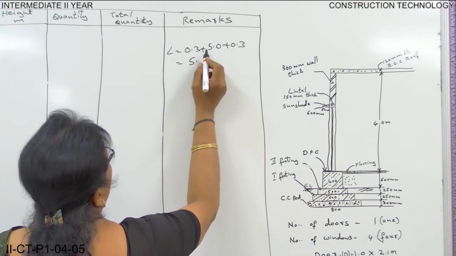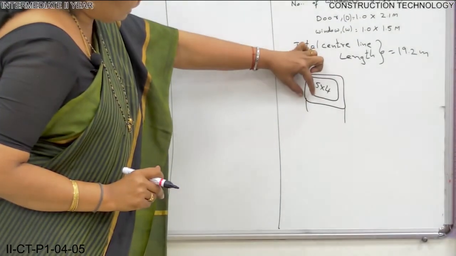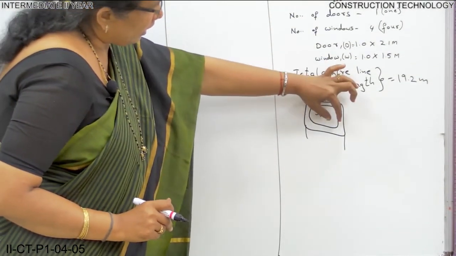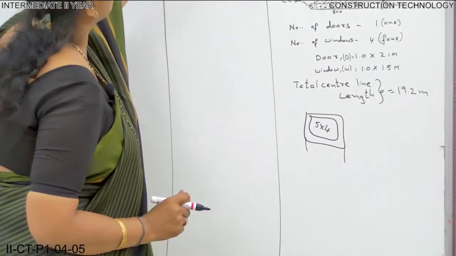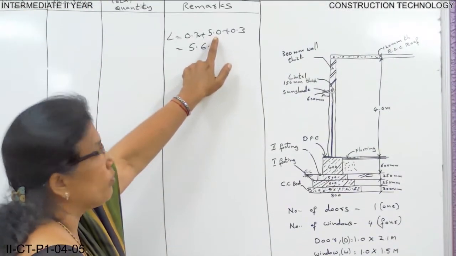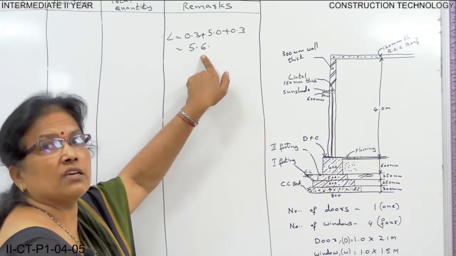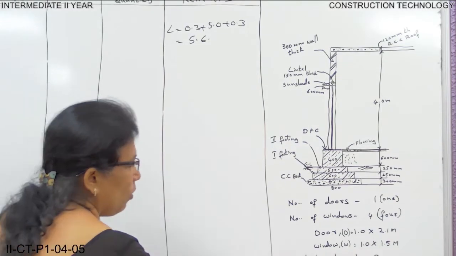Hope you understood. This is the wall width and this is the wall width, 0.3 and 0.3, and in between is the length of the room, that is 5. So the length of the roof is 5.6.